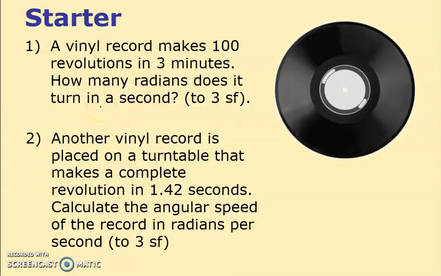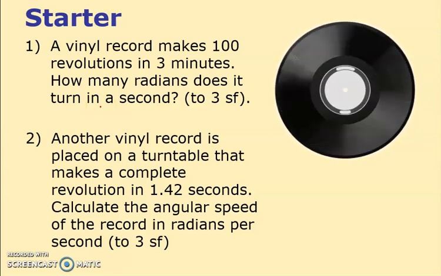A quick question first. It says a vinyl record, these are those old-fashioned records, makes 100 revolutions in 3 minutes. Well, first of all, one revolution is obviously 360 degrees, and I know that 180 degrees equals pi radians. So just bear that in mind.